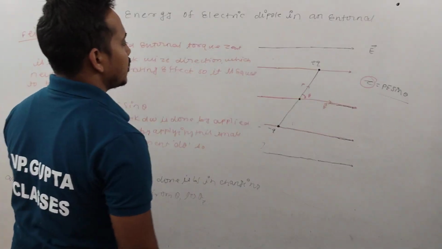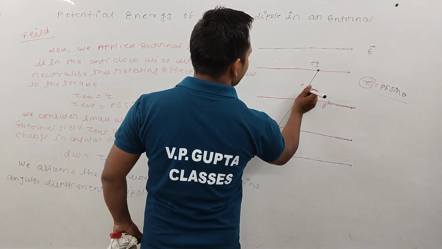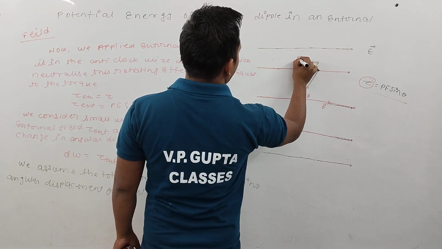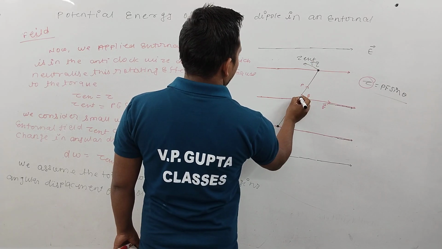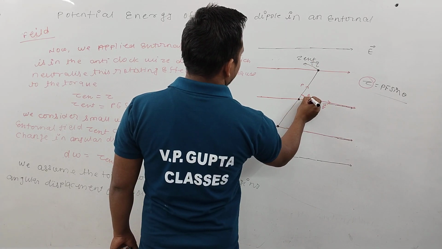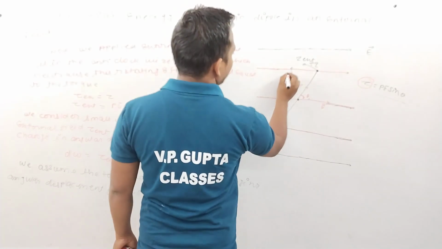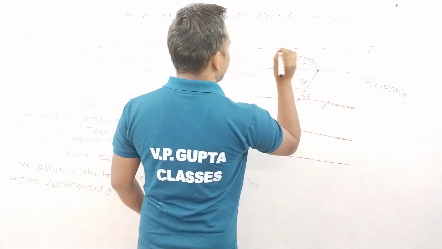That means we assume when we apply tau ext, theta changes from theta 1 to theta 2.